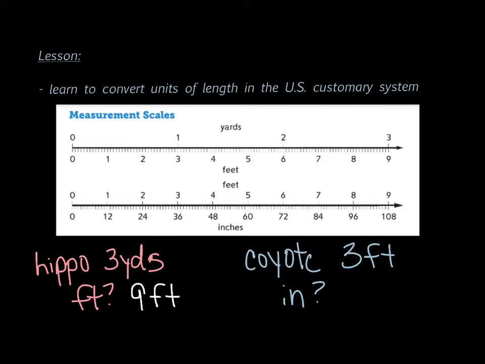So we look at the bottom scale, we find 3 feet, and look below that, oh wow, 36 inches would be my answer to that question. So our scale comes in handy. You might be thinking and figuring out right now what a mathematical way to solve that problem would be if I didn't have this nifty scale.